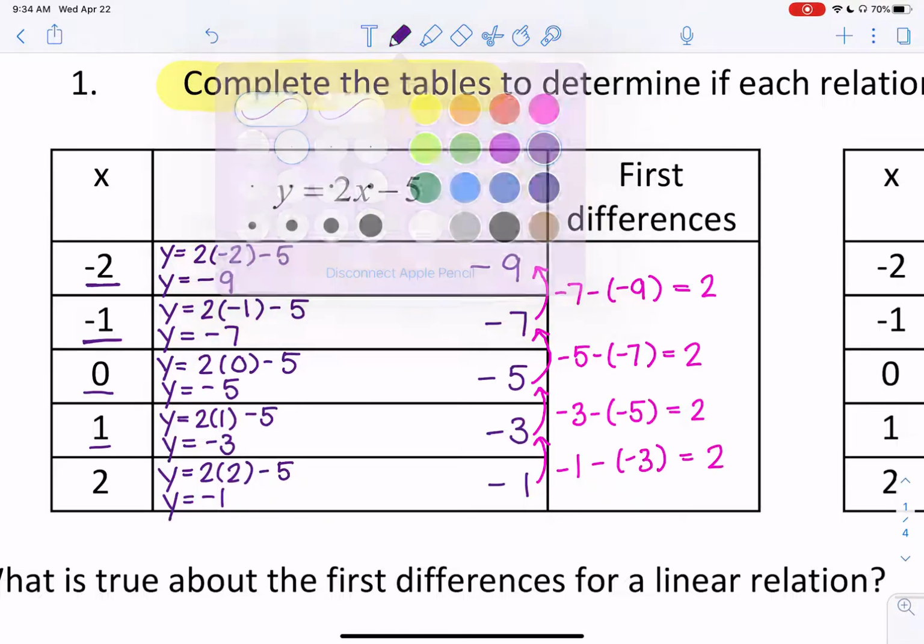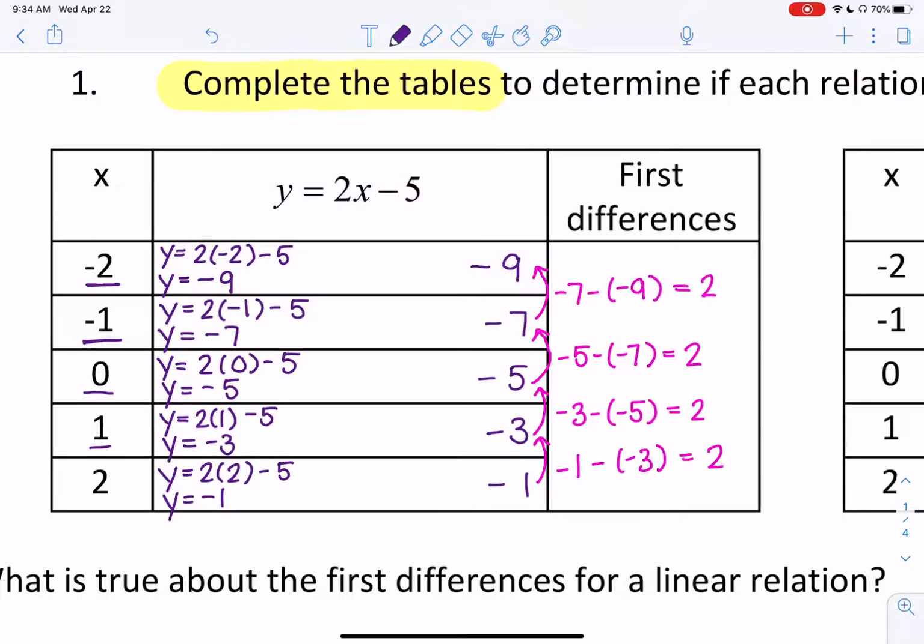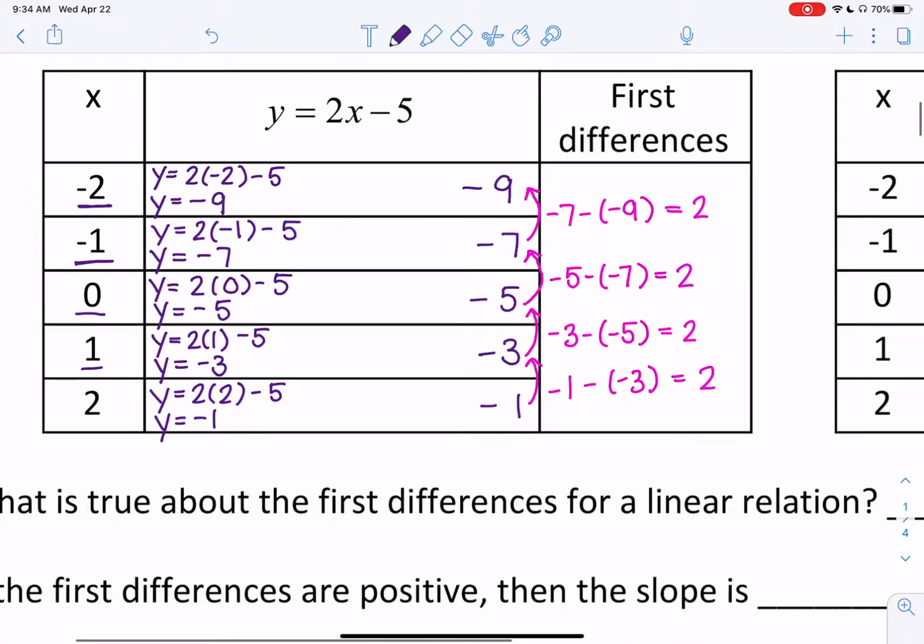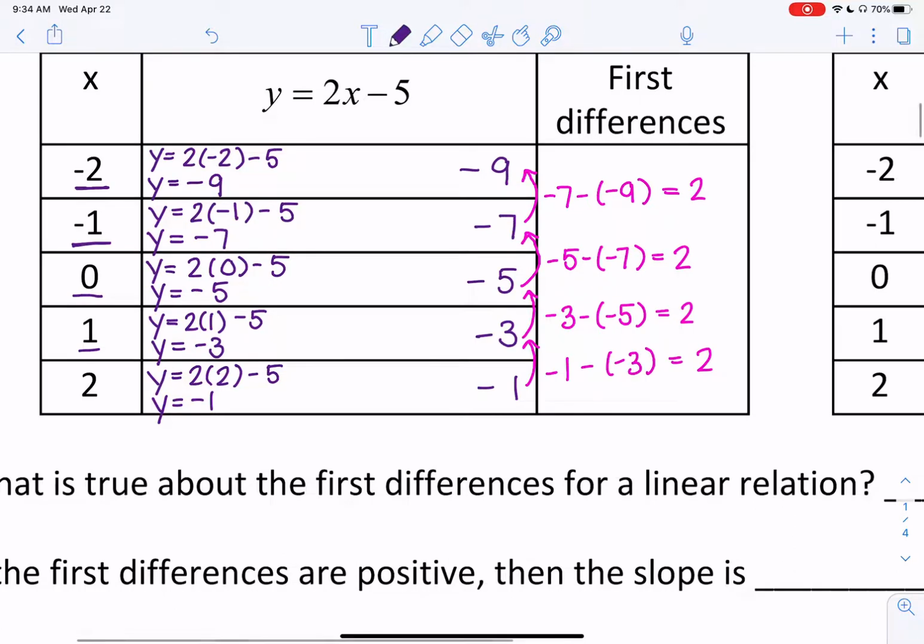So the next part of the question was to determine if our relation was linear. And for this example, the relation is linear. And we know that because all of our first differences are the same.